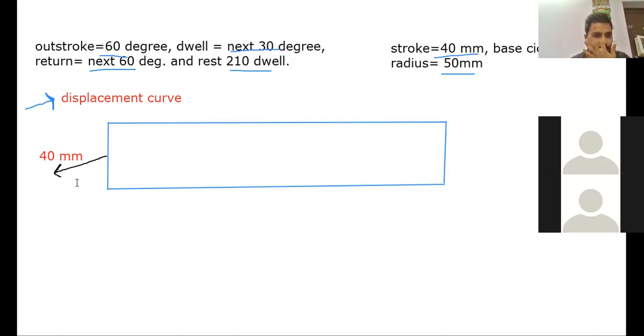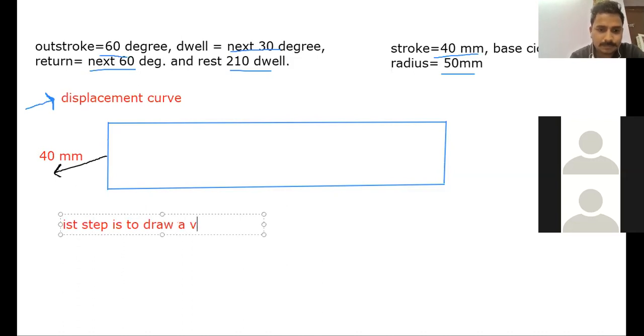So the first thing you should do is draw a vertical line of 40 mm. Understood? This is done, right? I am also writing the steps here. The first step is to draw a vertical line of 40 mm.